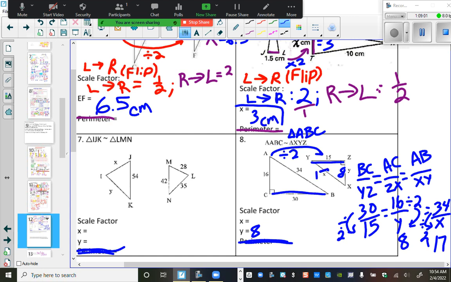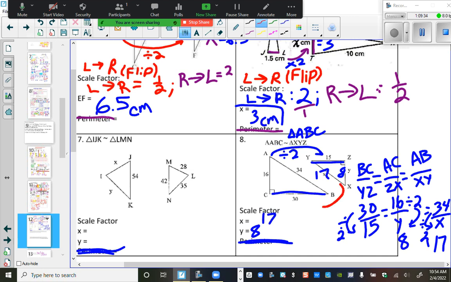That's going to be 17 right there for the X. All you're doing is divide by 2, or take half. So if we went from bigger to smaller, it would have been a half. If you went from small to bigger, then you multiply by 2. But again, the key is you have to figure out which direction.